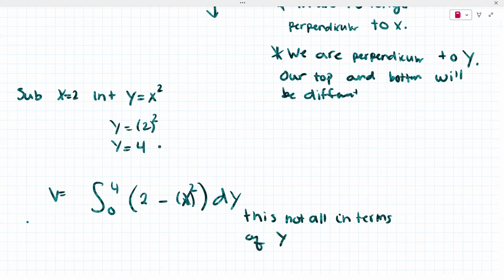But that's okay. We can adjust it. We have y equals x squared. Just solve for x. I'm going to square root both sides, and you get square root of y equals x. Actually, you get a plus or minus, but I don't think we'll use the negative.